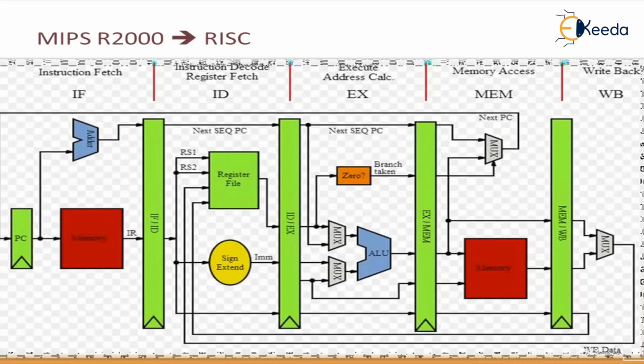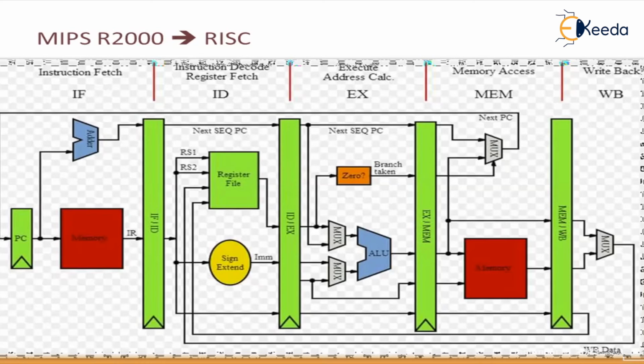From ID, it is directly linked to the register files. The register files will store the instructions, and then it goes from the RS1 to the register files. Then it goes to the instruction decoder. From there, it goes to the different multiplexers which are directly connected to the ALU.